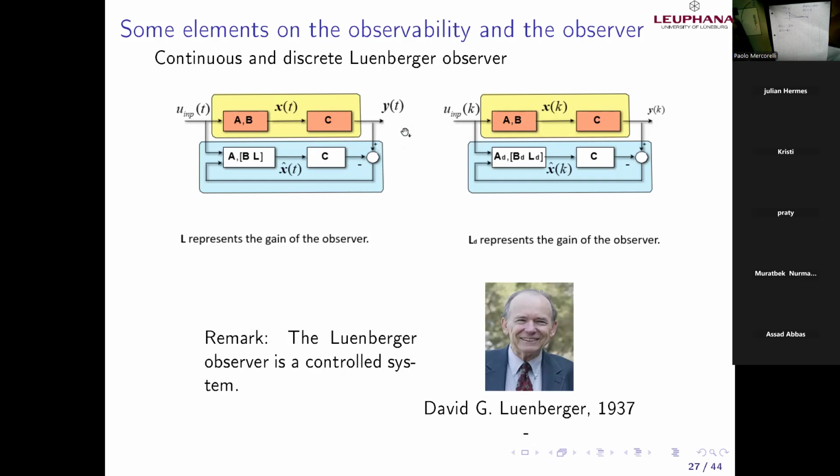For instance, if I measure the variable x1, I can observe the variable x1 and I can correct with the difference in between using the matrix L the initial condition, which can be different. The hypothesis is that I can represent the system perfectly with the matrices A, B, and C. Even if I have an error in the initial condition, thanks to this scheme, I can correct this error.